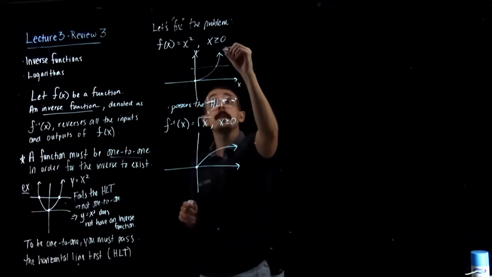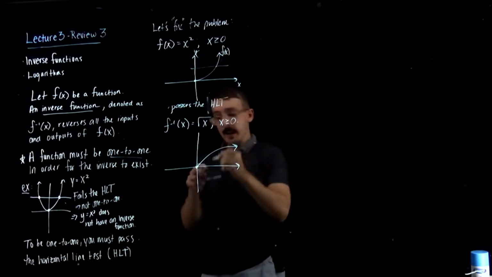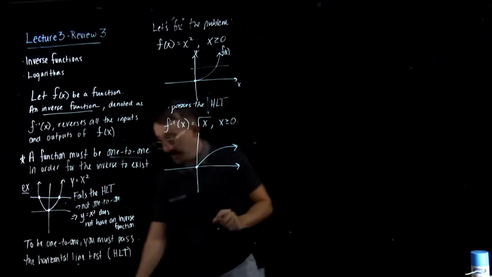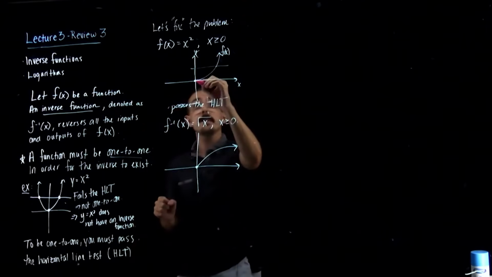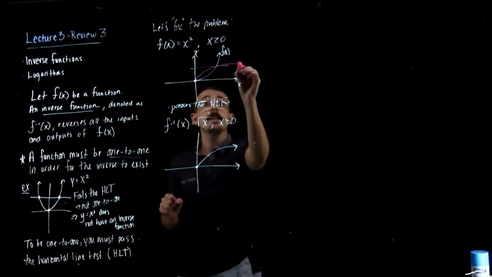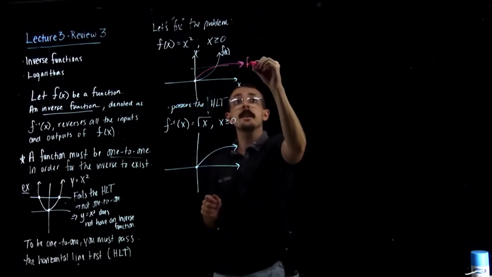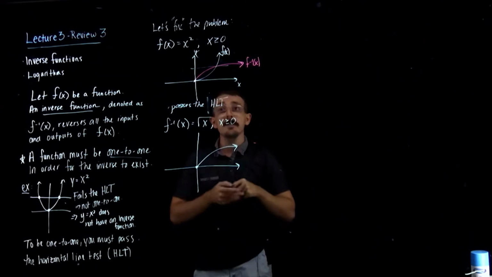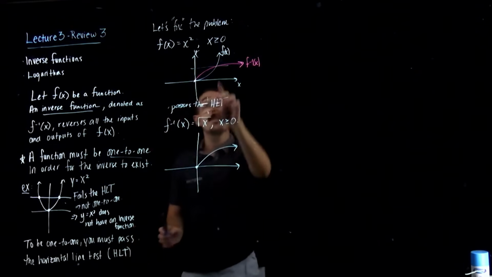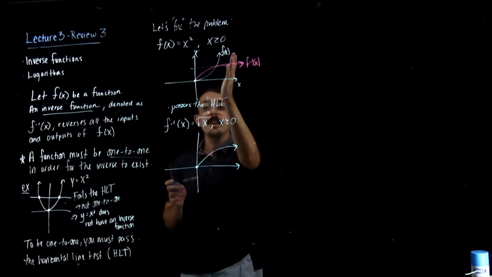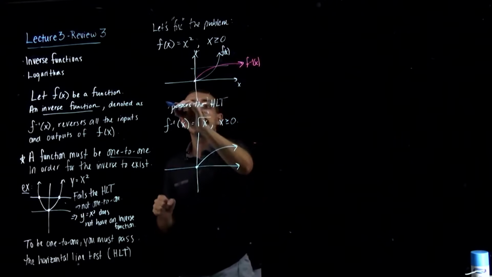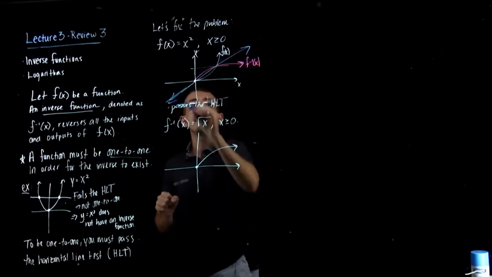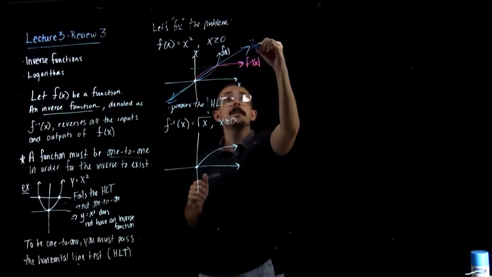Here I'm going to label this one f of x. And then I'm going to draw this graph on top of the former. So it's going to start here and look like this. This is f inverse of x. And geometrically, I'm trying to point out something. If you have a graph f of x and its inverse, then they're actually symmetric about this line right here, the main diagonal y equals x.